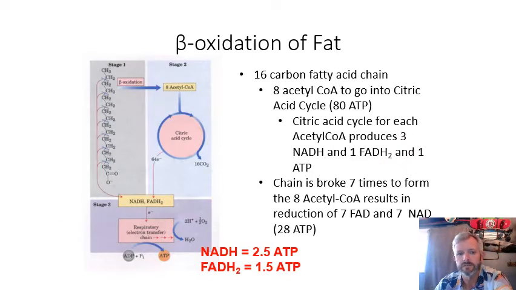All right, so just a general rundown of the cleavage. Again, as we beta oxidize, we're forming 2.5 ATP and 1.5 ATP from those that we're doing through the beta oxidation reaction.